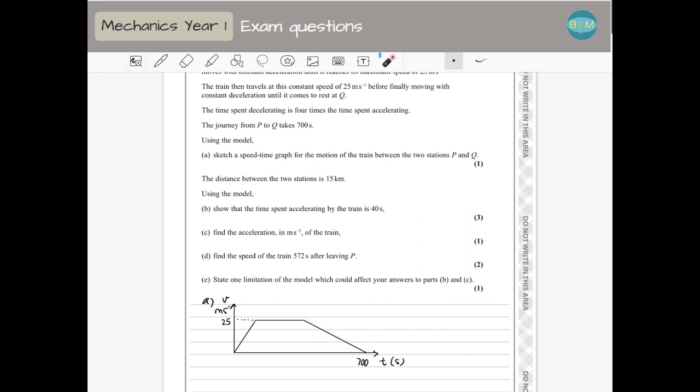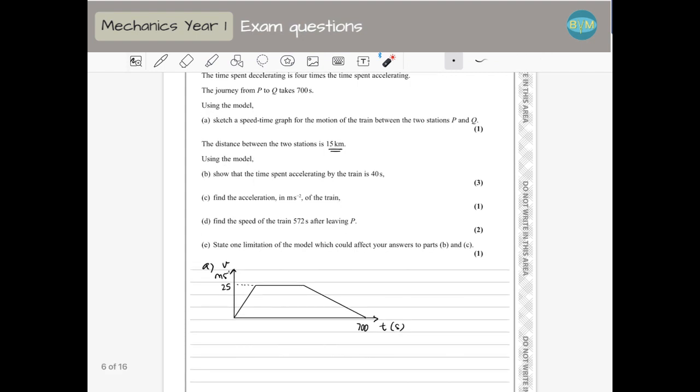Then the distance between the two stations is 15 kilometers. Using the model, show that the time taken accelerating is 40 seconds. So we know that the area under the graph is going to be the distance, this 15 kilometers. We need to write an equation for the area in terms of the times, because we know the total time, but not the bits, to find the area of this trapezium.